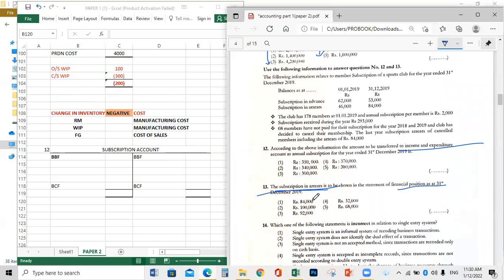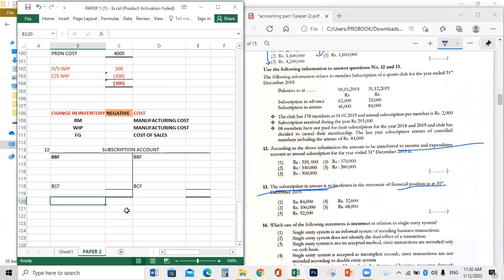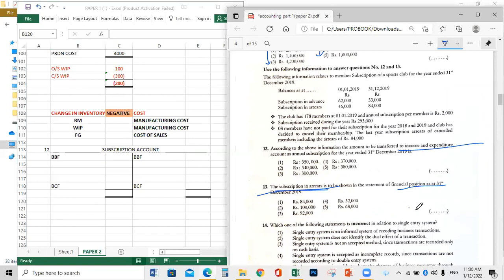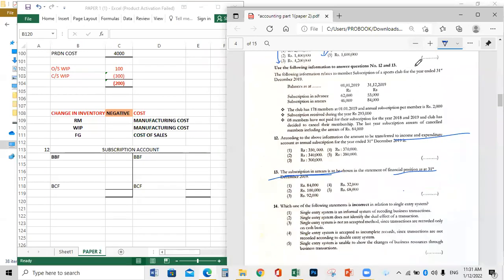Closing date subscription in arrears. Okay. Others, send me the answers. The ones who are done, go to the next one. Nazifa, correct.